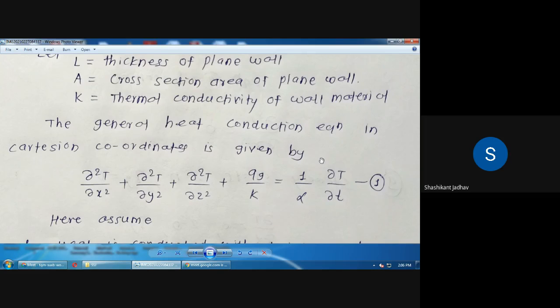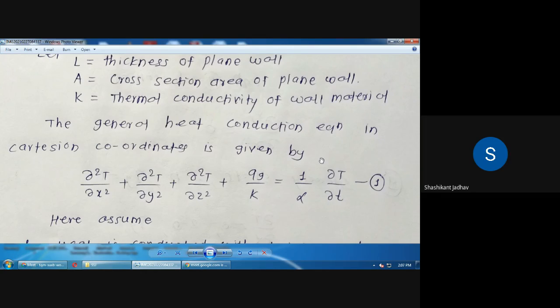Yesterday we derived that equation, equation number 2. It is: dou square T upon dou x square plus dou square T upon dou y square plus dou square T upon dou z square plus Qg by K is equal to 1 upon alpha into dou T by dou t.